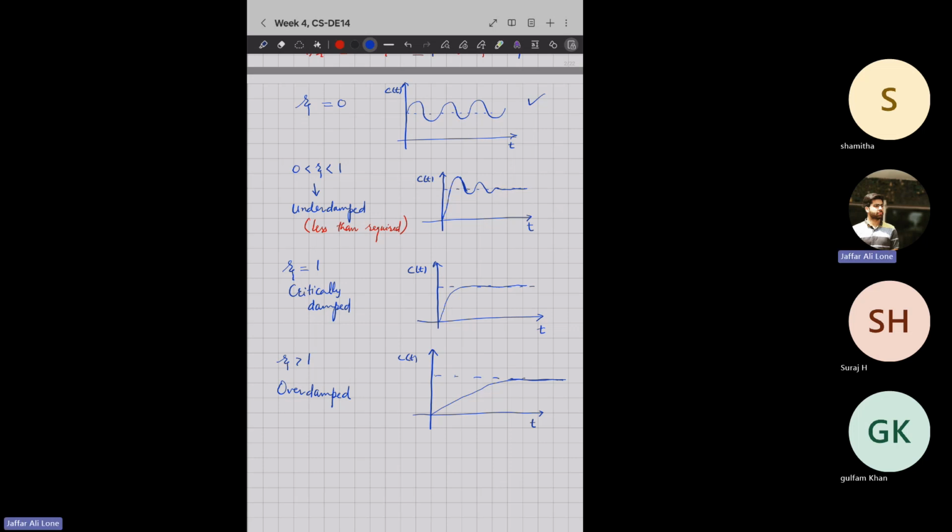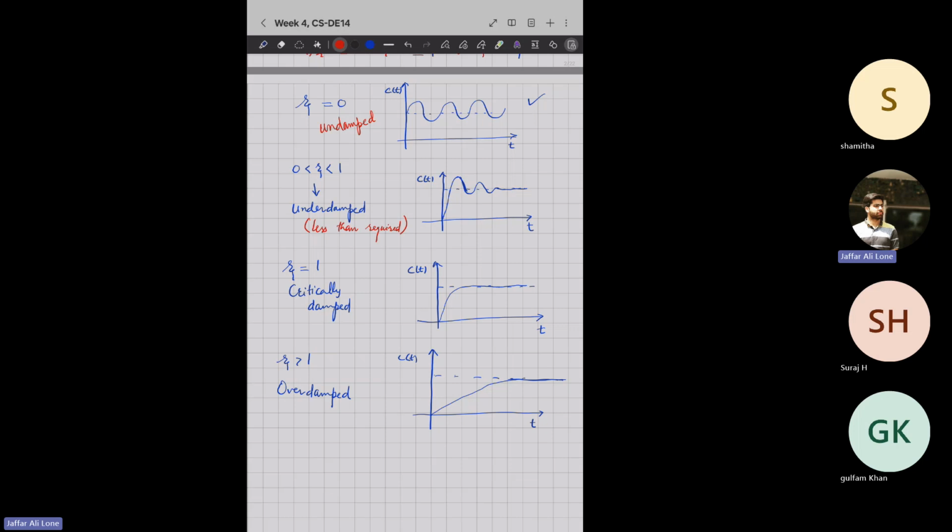Now you can also characterize these systems as overdamped, underdamped, or undamped. The system is called undamped when there is no damping. If you are given a second order system and you do not know the value of zeta, you should still be able to tell whether the system is undamped, overdamped, or underdamped just by looking at the poles of the system.